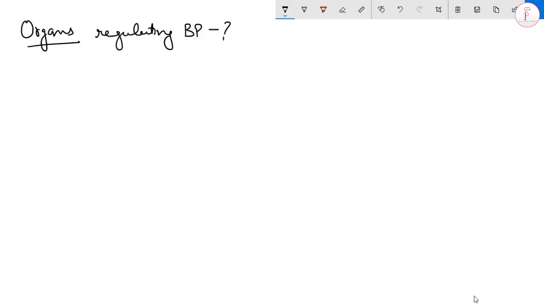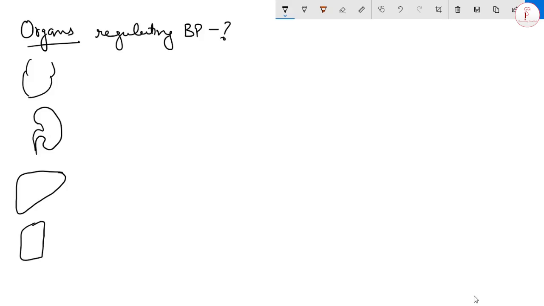So now we see what are the organs that are regulating blood pressure in our body. First we have the heart that generates the blood pressure. Then we have kidneys, then we have liver, lungs, and the brain. I'm poor at drawing, so I have written brain. So the heart regulates blood pressure by the rate and force of contraction that regulates the cardiac output.